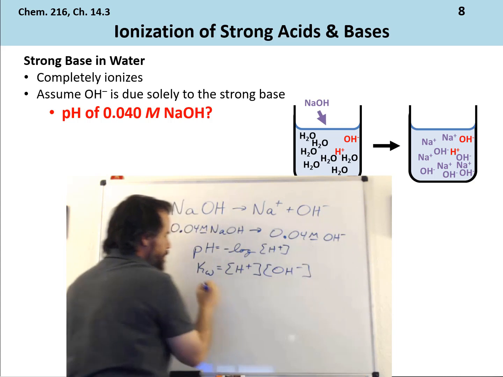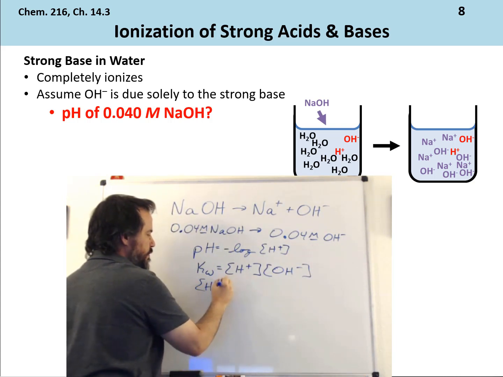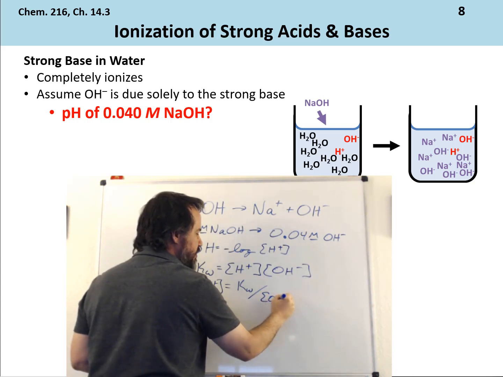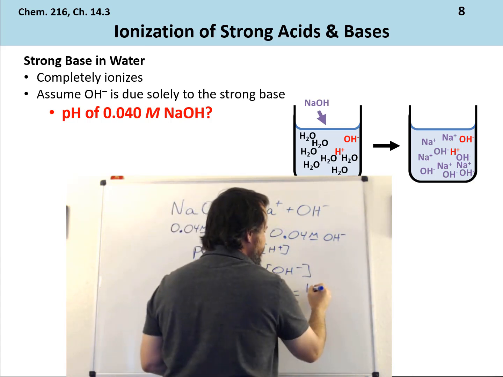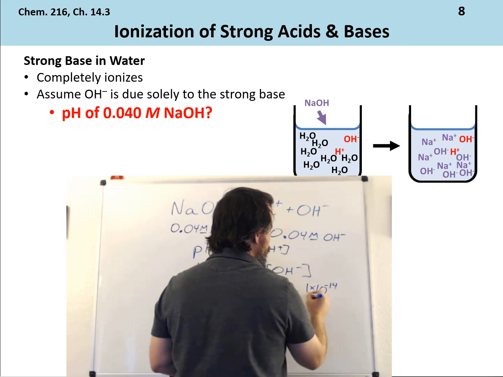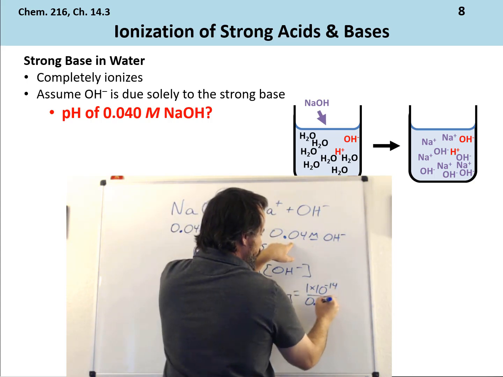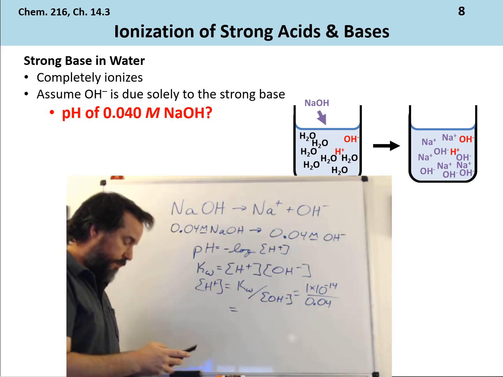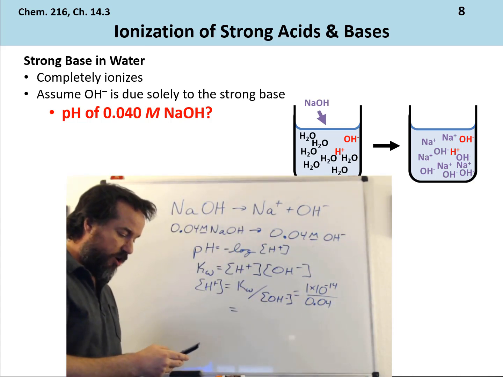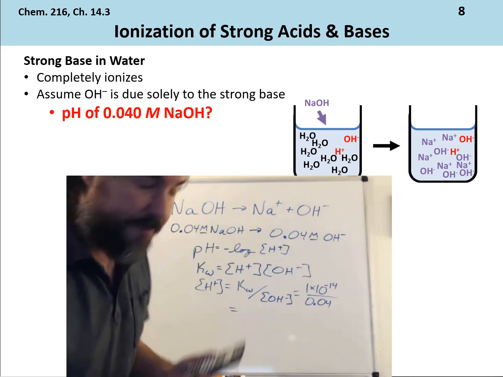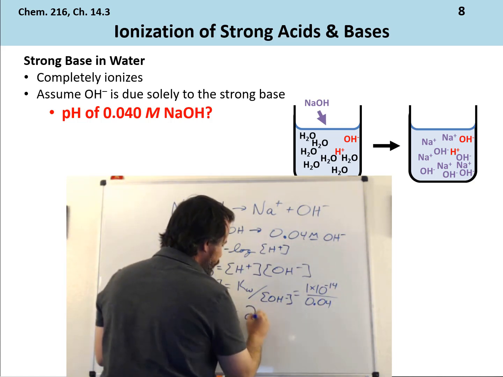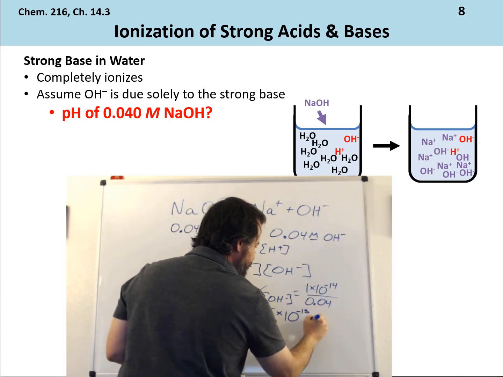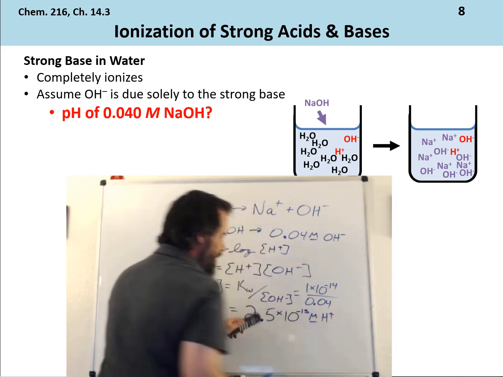So my H plus concentration equals Kw over OH minus. That's 1 times 10 to the minus 14 over 0.04. That's going to get me a really small number. If it doesn't get me a small number, go back, make sure you understand how that calculator works when we're doing these calculations. So this is my concentration of my H plus.